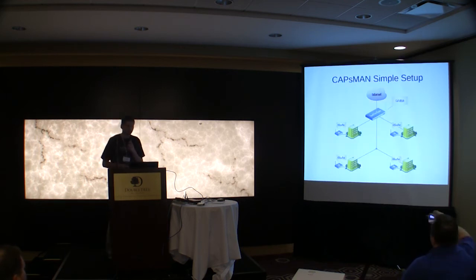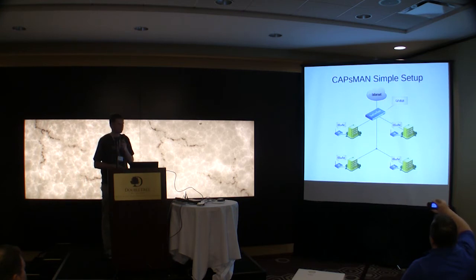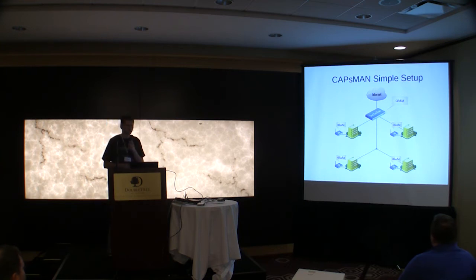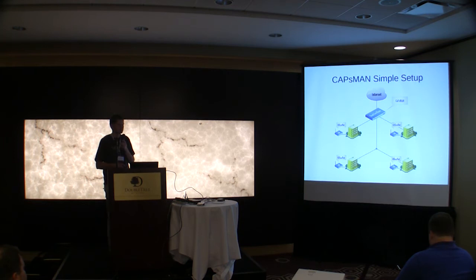So how would this CAPsMAN setup look? We have an internet connection, and we have our main router, for example, a Cloud Core Router. It will be our CAPsMAN router. Imagine it is a city, or you have some offices, or it's a hotel and you have some hotel APs, or you want to put centralized APs.